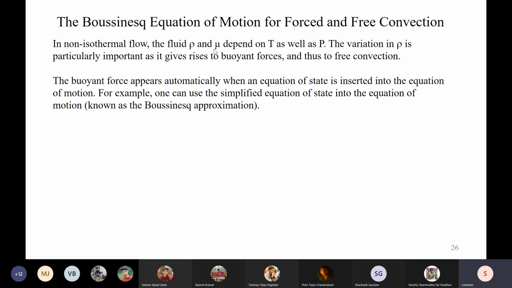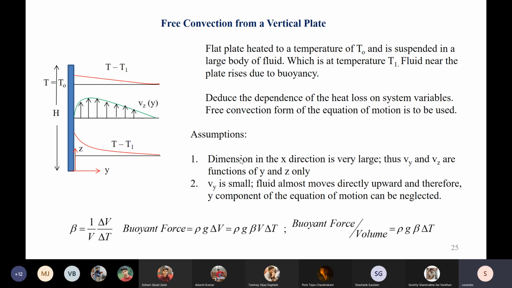Both rho and mu will change since they are a function of temperature as well as pressure. But let's leave the pressure out of our consideration right now. Let's talk about the density and the viscosity only, as they vary with temperature. So the variation in rho is extremely important, since it gives rise to buoyant forces, as we have seen over here.